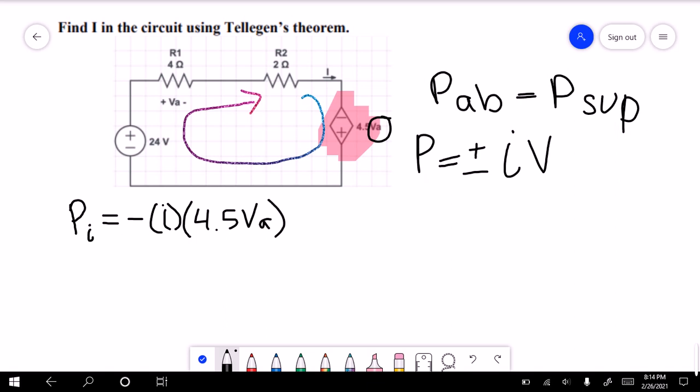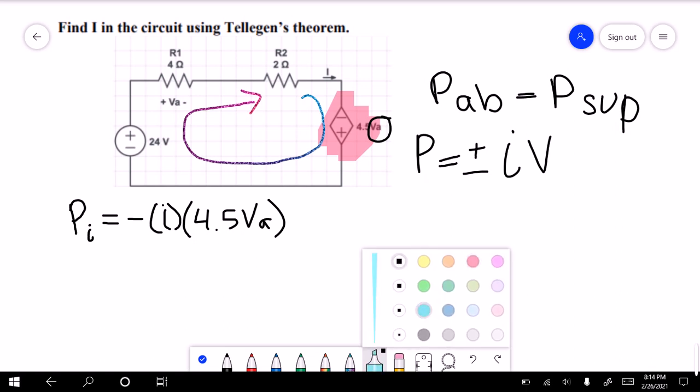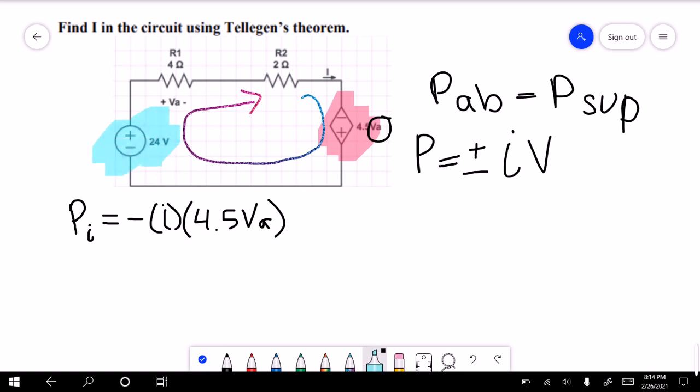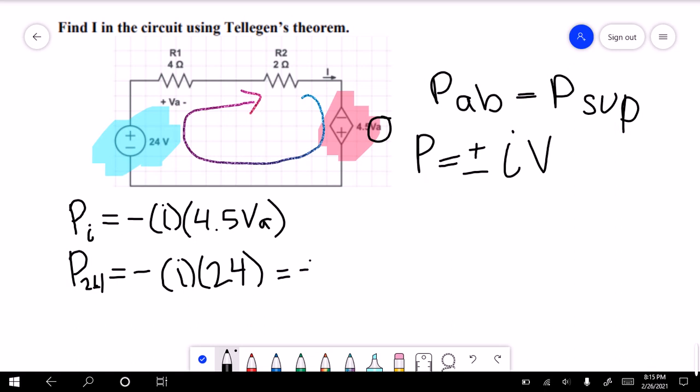Next, we're going to move on to the 24 volt source. The power of the 24 volt source is equal to negative, the current is I and the voltage is 24. Negative 24I is that power.